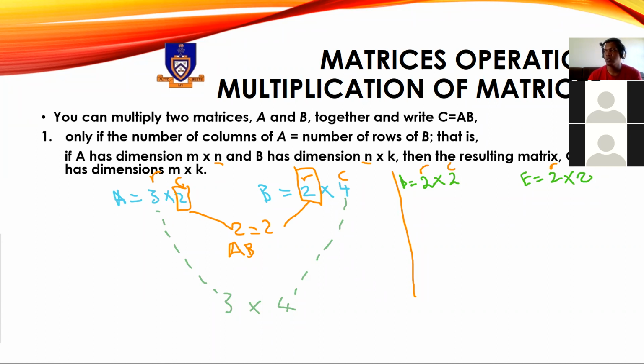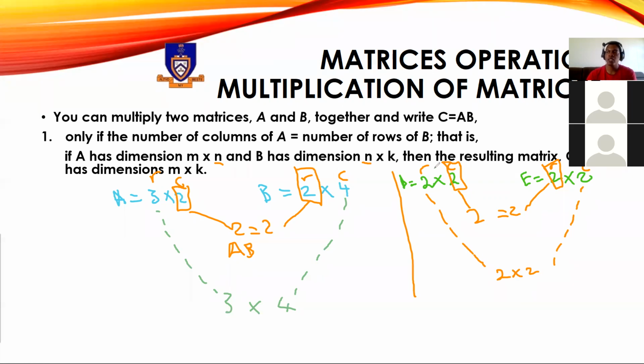The column of the first, D, and the row of E are both 2 and 2. We can therefore multiply a 2 by 2 matrix with another 2 by 2 matrix because the columns and the rows are the same. And our answer will also be a 2 by 2, because the row of the first matrix is 2 and the column of the second matrix is 2.